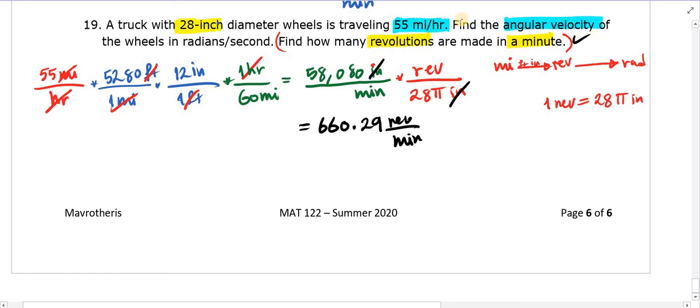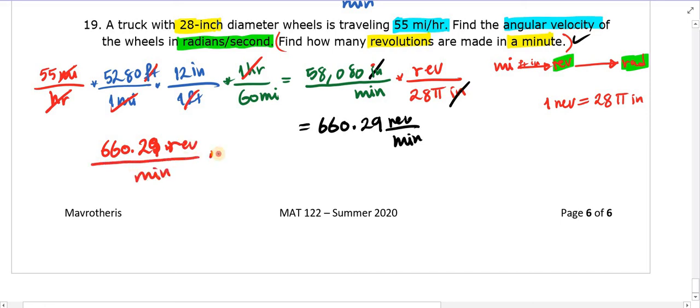The first part is to find the angular velocity in radians per second. Now it's easy to convert from revolutions to radians, and it's easier to convert minutes into seconds. So all I need to do is 660.29 revolutions per minute times... Now I need to convert the revolutions into radians.